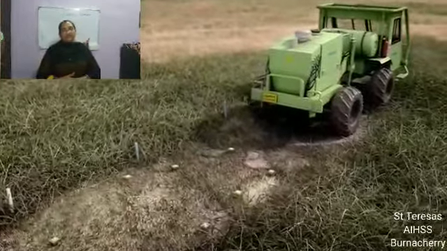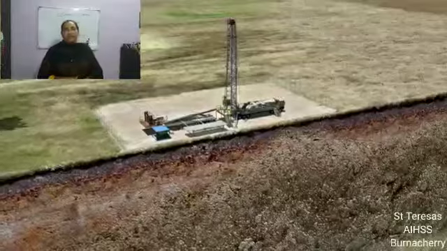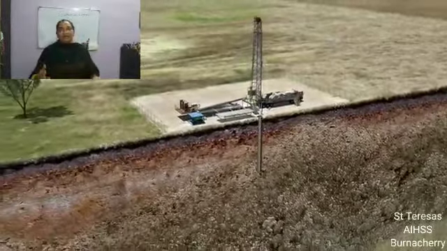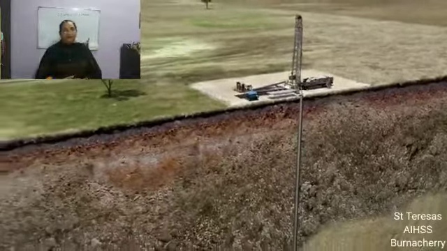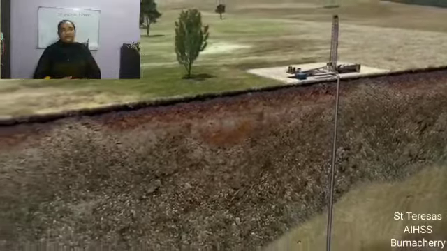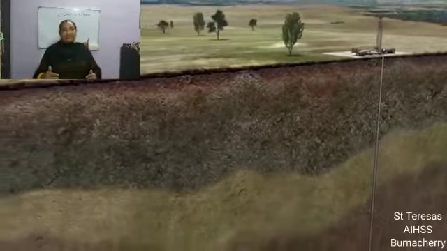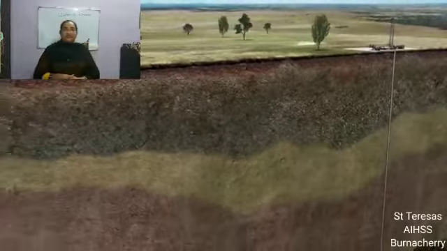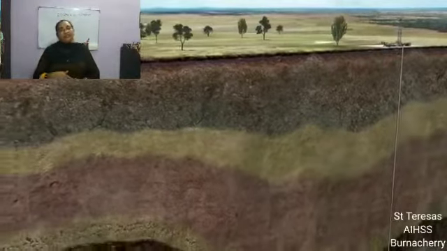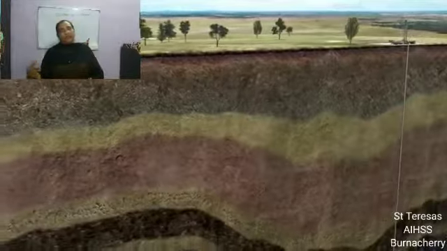This gets converted under high pressure and heat and it becomes fossil fuel. Is it clear? So, when the plants and animals die, they decay and get converted under high pressure and heat into fossil fuel under the earth.